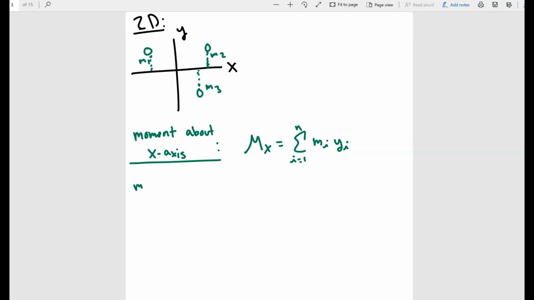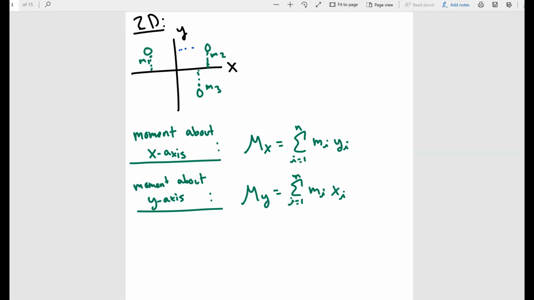Then the moment about the y-axis will be exactly the same thing, but m sub y is equal to the sum of the masses, m_i times x_i. If you think about it that way, from the y-axis to the masses, you are going in a horizontal way, so it makes sense for it to be the x values.